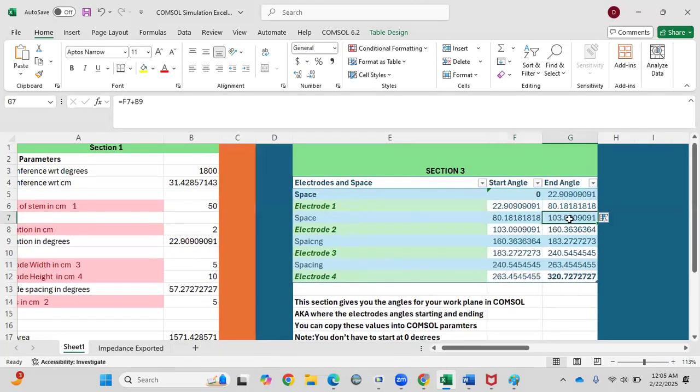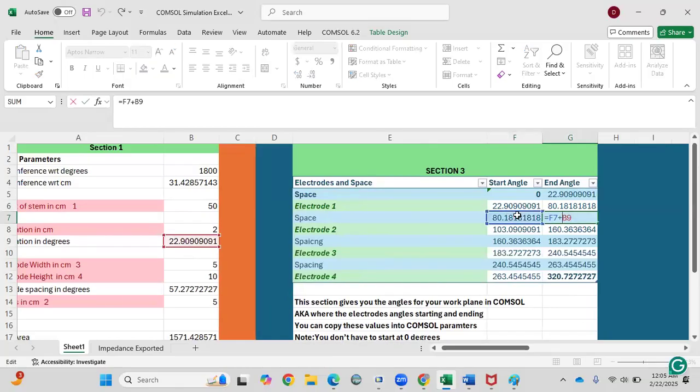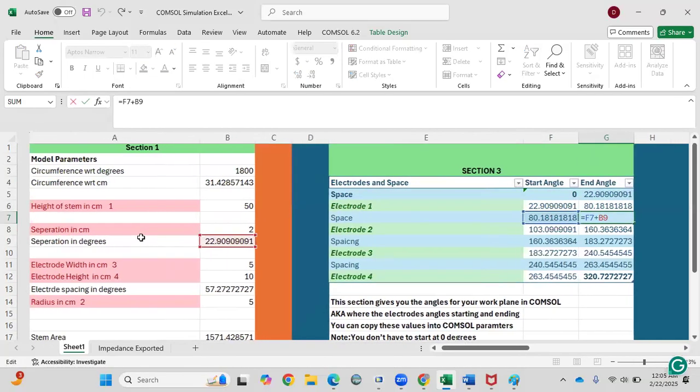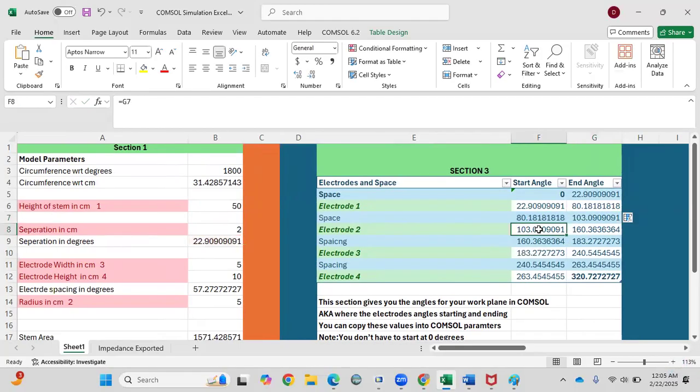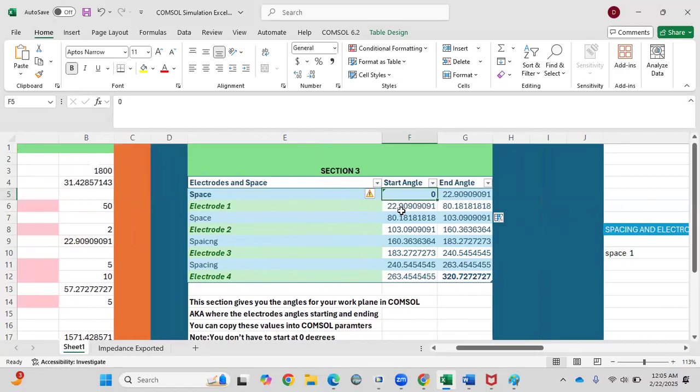So it'll be this plus the angle for our space. And then you just repeat the process: electrode, then our space, electrode, space, electrode, space. In the Excel sheet, all you have to put in, well, this will be calculated for you. You don't really touch anything here.